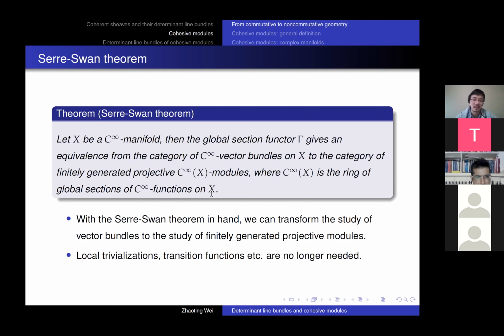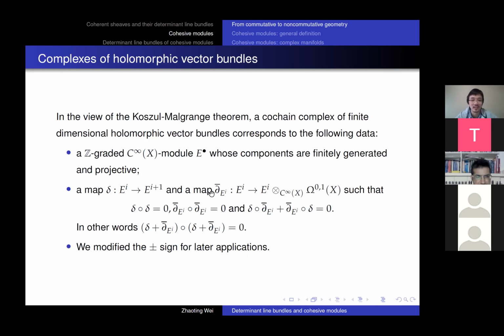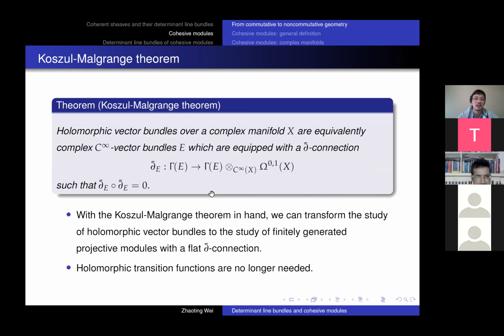Thank you. Because we are interested in global sections, of course for holomorphic things, global sections are too few, so it's not good. But we can still do something using global sections. That is the Koszul-Malgrange theorem.